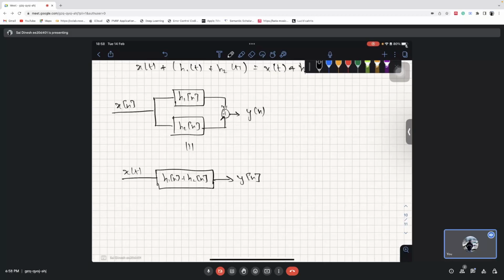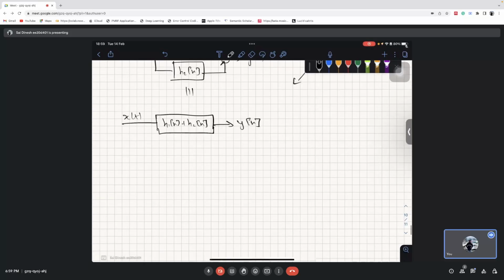So when we have a parallel system, and the output is the summation from the parallel paths, then it is equal to the output from a system which is the summation of all the impulse responses. So this is what distributivity implies, right?